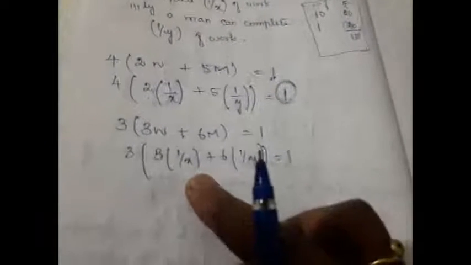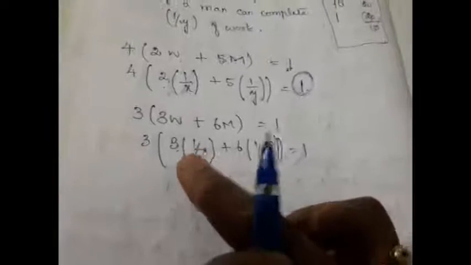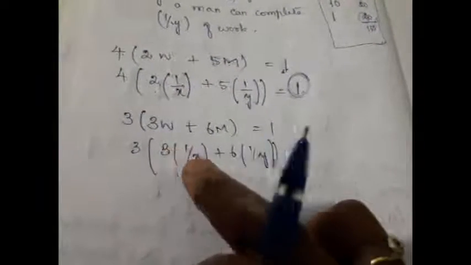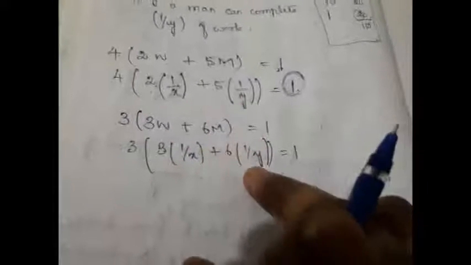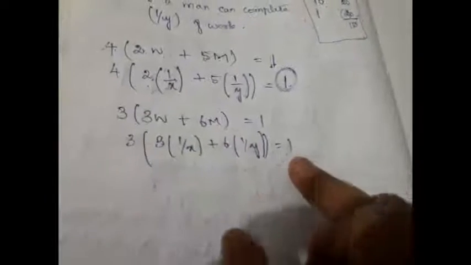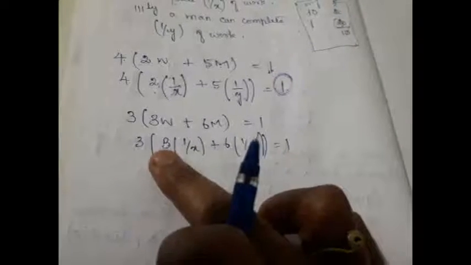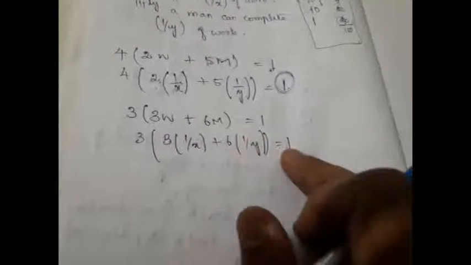What is the meaning behind this? 1 by x is the work done by one woman in one day. So, 3 into 1 by x is the work done by 3 women in one day, plus the work done by 6 men in one day. If they perform like this together for 3 days, they are completing the entire task.